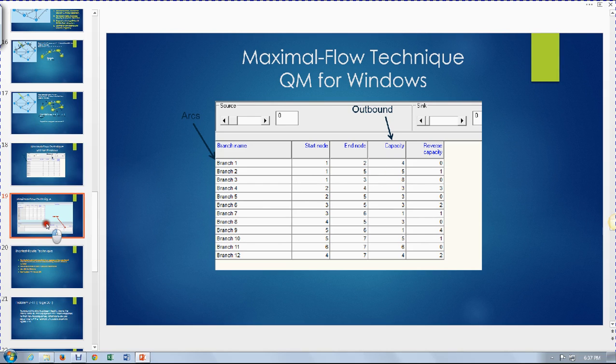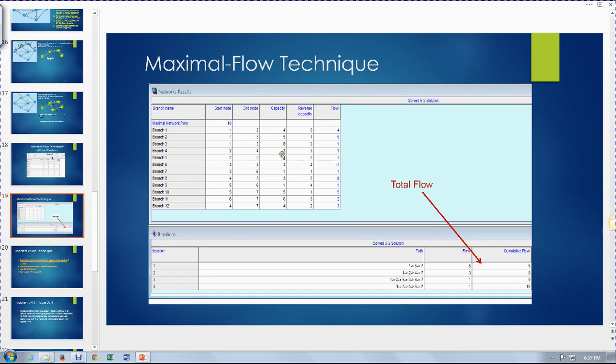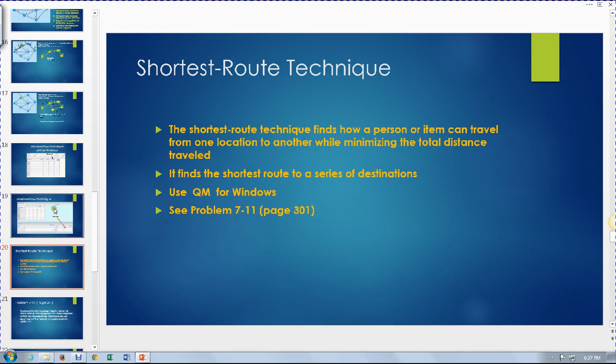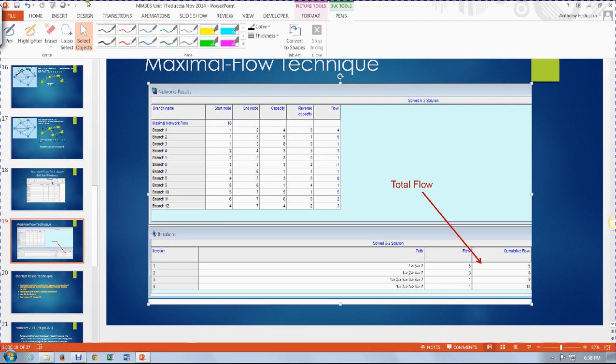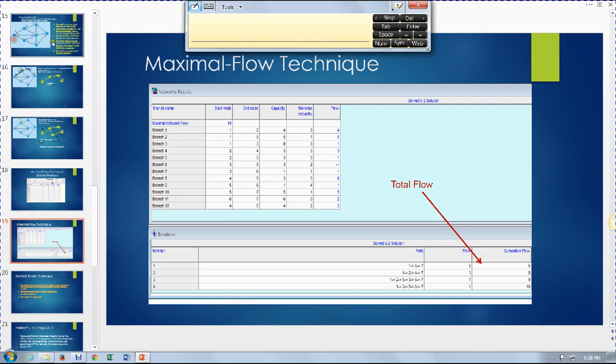Once we do that, we hit solve again, and you notice that QM for Windows will show us the capacities of each branch that we have.